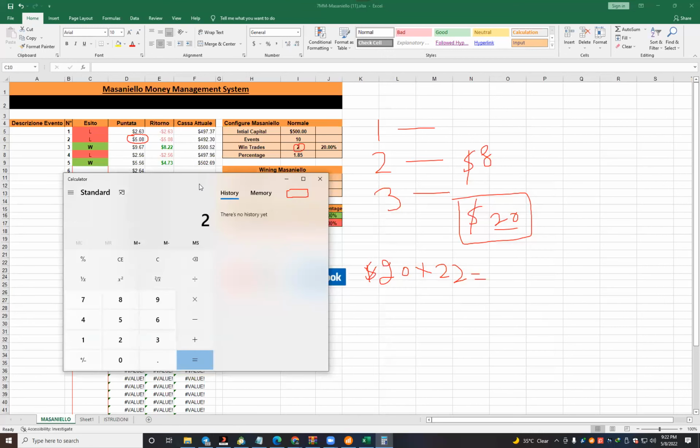Look at it. 20 into 22 is 440. 100% you won in 1 month, or a little bit less than 100%. Sometimes, if you place 1 or 2 more sessions, then 22 days. Why do I say 22 when there are 30 days? Holidays. Sometimes you are not available for trading.